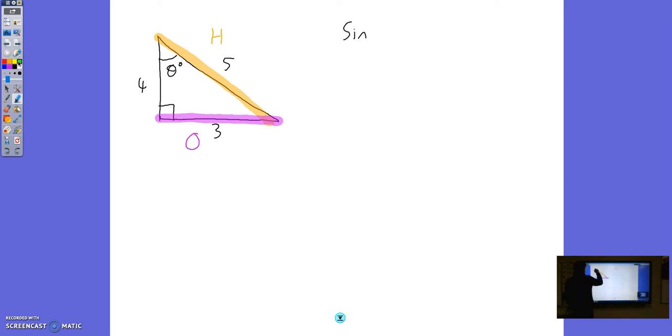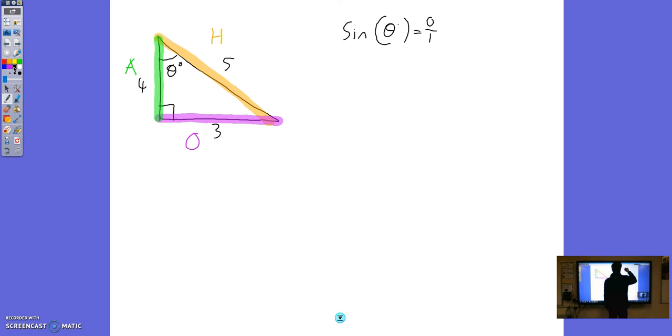Finally, the side that touches theta, that is not the longest side, is of course our adjacent side. So sine of theta is equal to, from SOHCAHTOA, SOH is going to be opposite over hypotenuse, which in this case my opposite value is 3, over my hypotenuse value, which is 5. So sine of theta is 3 over 5.